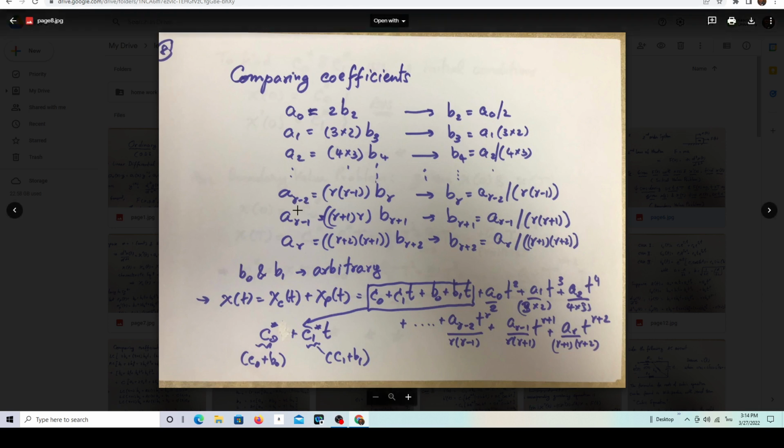When you move to r minus 1, r becomes r plus 1, r minus 1 changes to r, and for the term of a r, it becomes r plus 2 and r plus 1. Therefore you can find b sub 2, b sub 3, b sub 4 up to b sub r plus 2 with given a sub 0, a sub 1, a sub 2 up to a sub r.